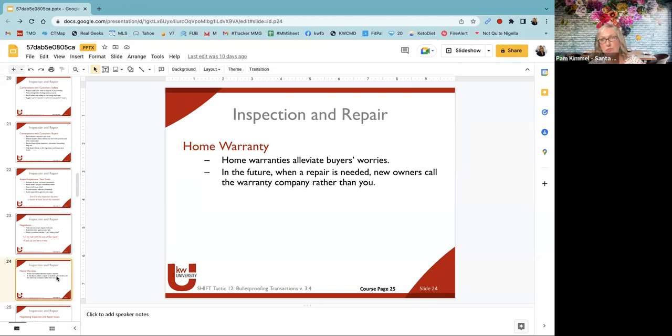But I have not really been a huge fan of home warranties because oftentimes, they didn't cover the repairs that you need, right? They would find some little catch that would cause them to not handle the repair. And so they seemed like a waste of money. And I've learned recently that they're only a waste of money until they're not a waste of money.